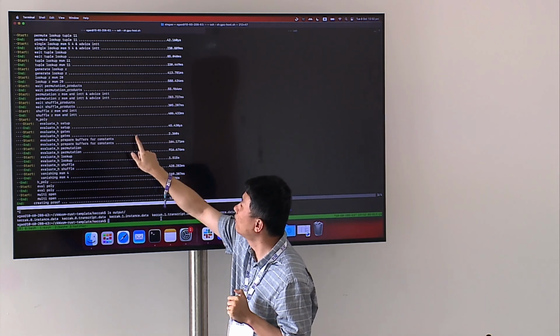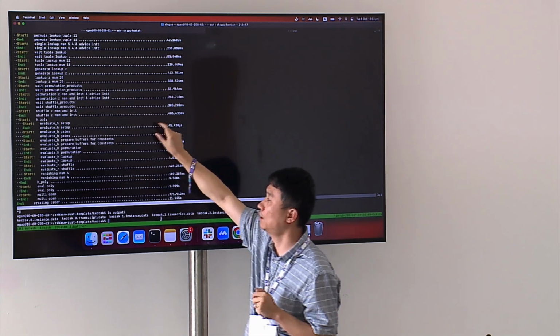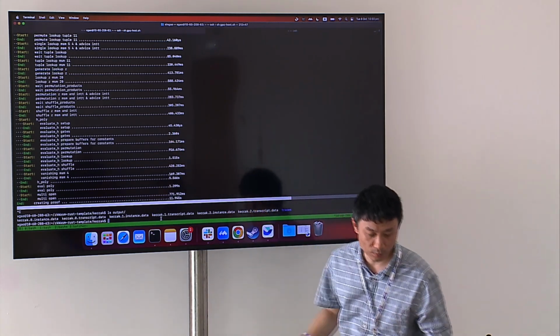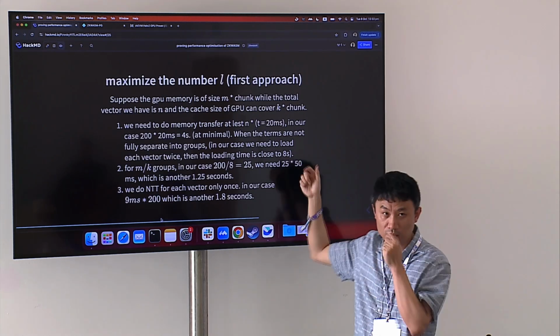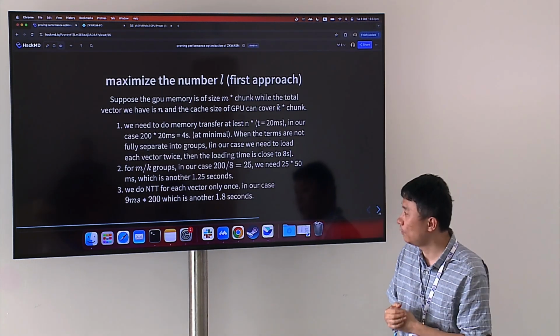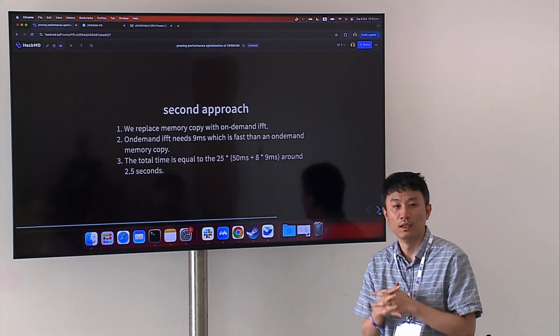And there are some other gates that you cannot actually put into the gates, large gates polynomial. Okay, so how to reduce this into what we have now is the second approach.